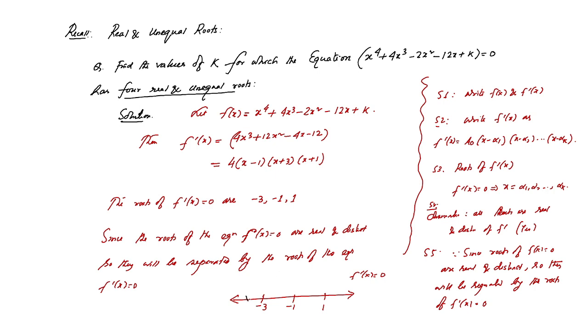So one root lies between minus infinity and minus 3, another root lies between minus 3 and minus 1, one lies between minus 1 and 1, and the fourth one lies between 1 and infinity. That we need to write.